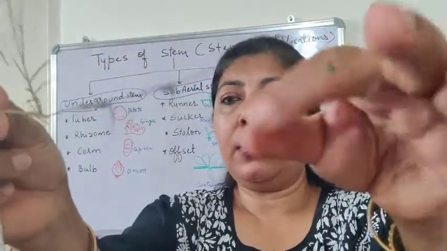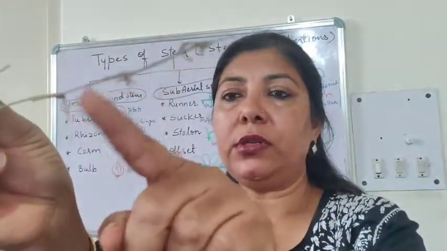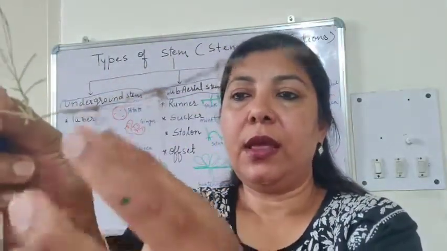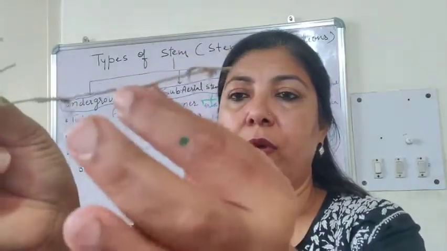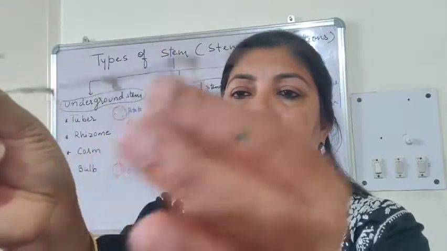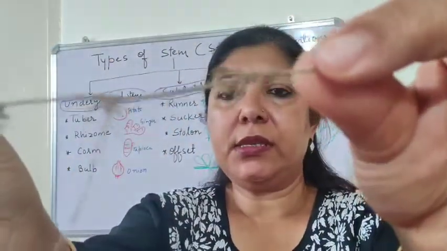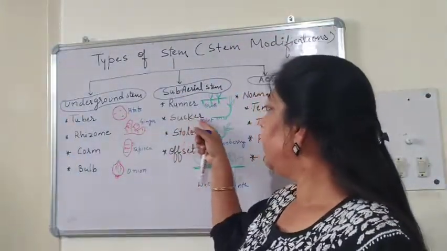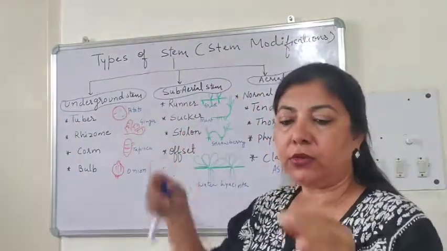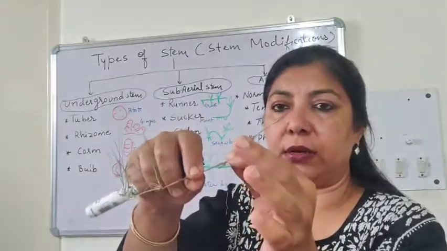It has got nodes, nodes, nodes and internodes. Whenever it touches the ground, at the node it will develop roots. You can see such roots are produced. So as a result, this will grow very fast. So this is again a stem modification.